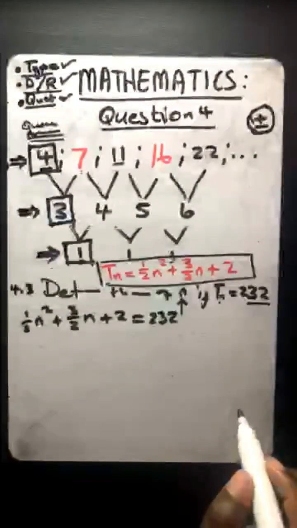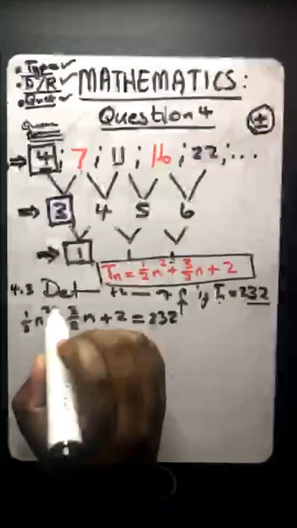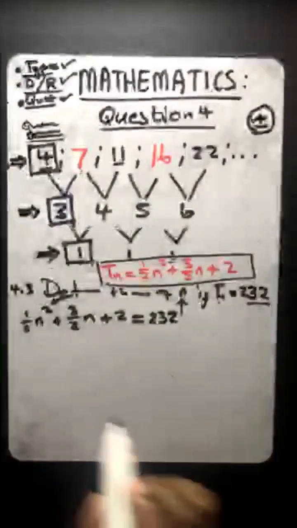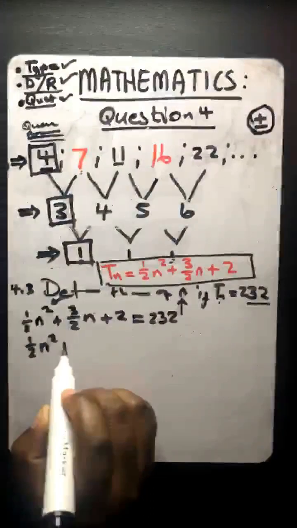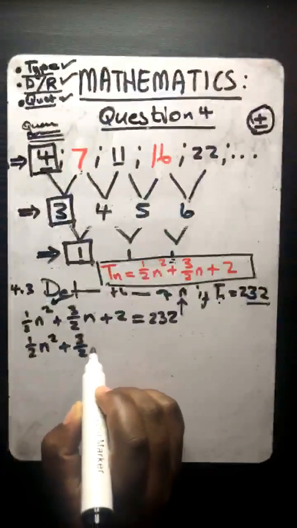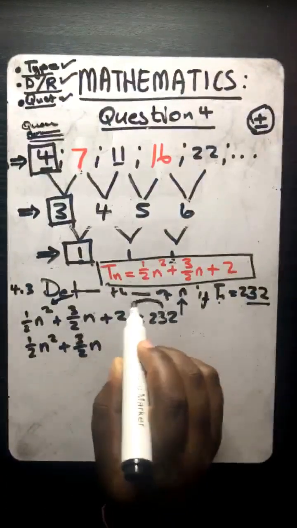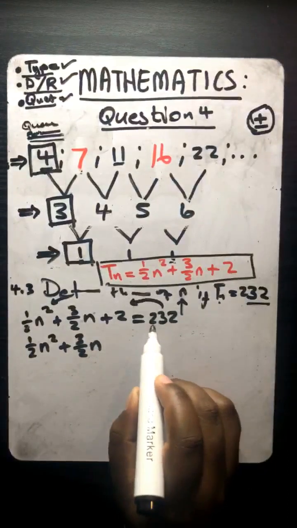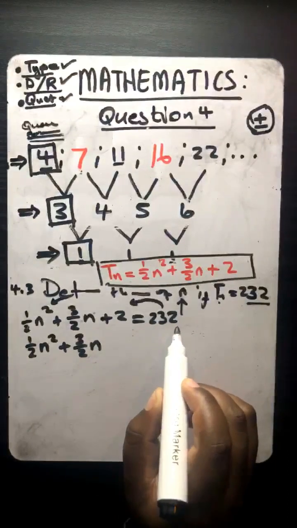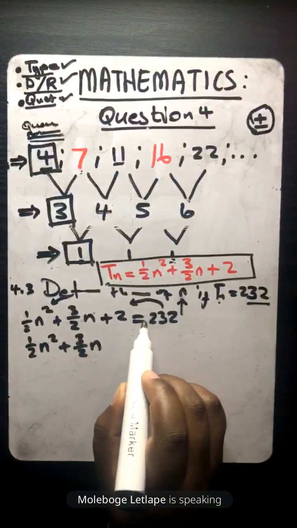Because it is a quadratic equation, what makes it a quadratic equation is that I'm going to rewrite that in standard form. Plus 3 over 2 n. You take this to the other side. Can you see? It's 232, but you know that there is an invisible positive there.